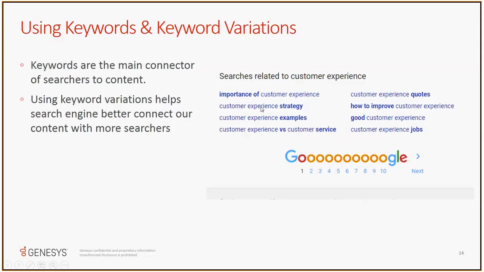I didn't even think about this, but this might be the information that I'm looking for. So they click the link, and then they're shown more results that talk specifically about customer experience strategies. And so by using keyword variations while we're creating content, we're able to help connect the searcher and to help tell Google what information might be relevant to the searcher's initial query. What other things might be relevant to someone searching for customer experience?